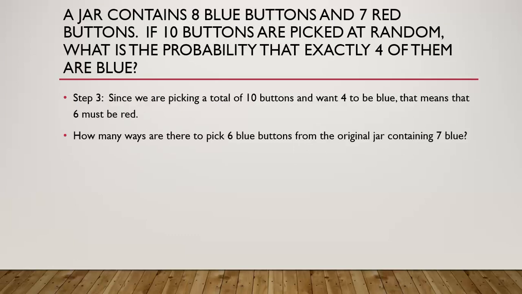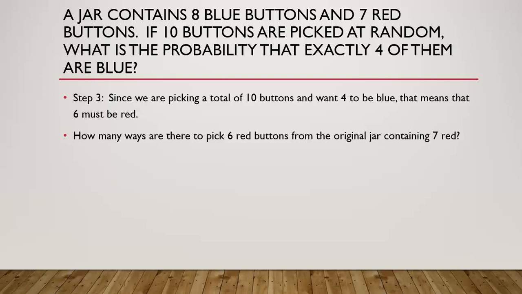However, we can't stop by just thinking about the number of ways to pick 4 blue. Because remember, we're picking a total of 10 buttons. So if 4 are going to be blue, that means that the other 6 must be red. So we're going to do another step, and we're going to find the number of ways to pick 6 red buttons.